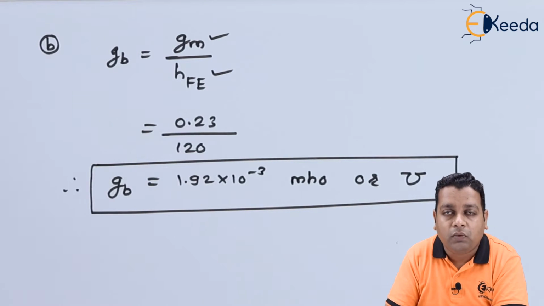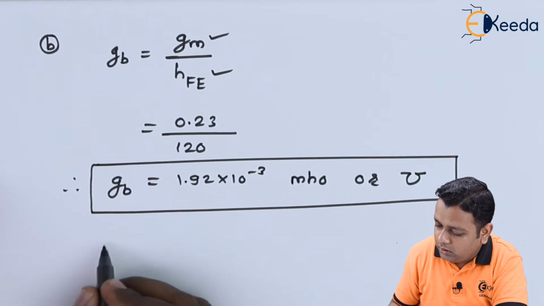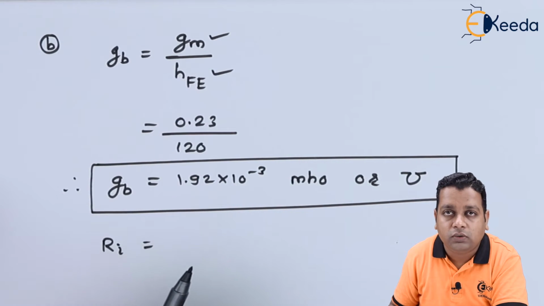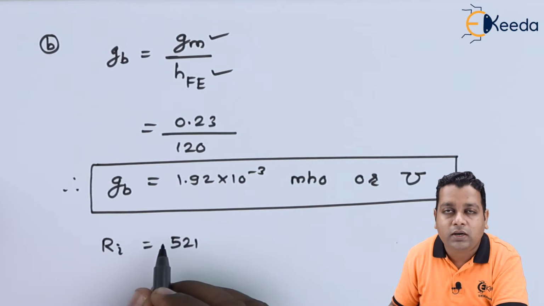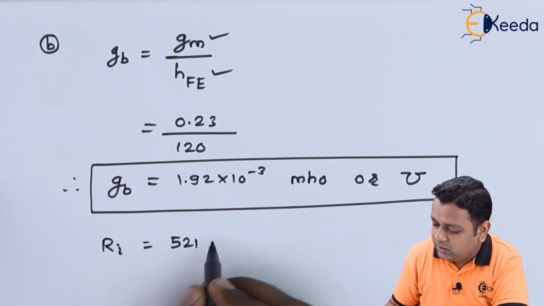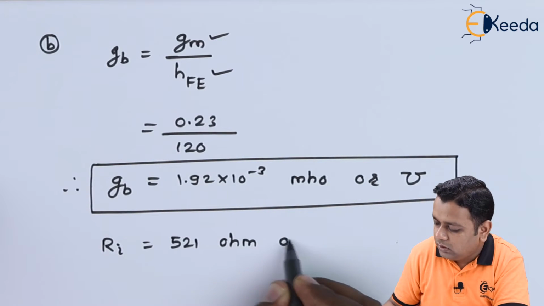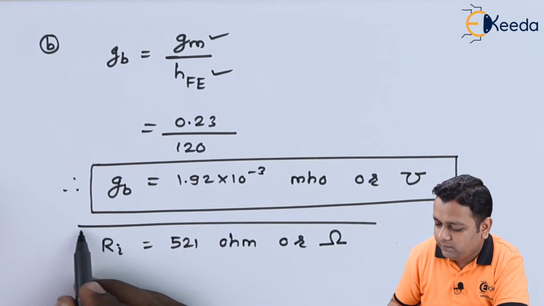And now we require the input resistance also. The input resistance denoted by capital R suffix I is computed as, here we have R suffix I is equal to the constant value 521. In this particular case, as this is resistance, it should be measured in terms of ohms, or it can be represented as omega here.